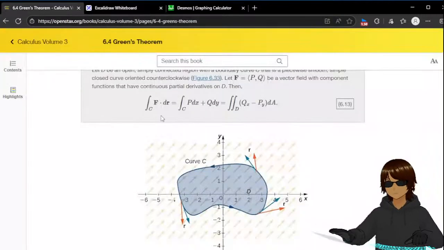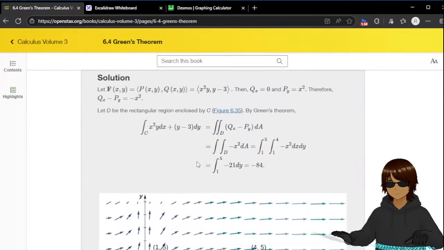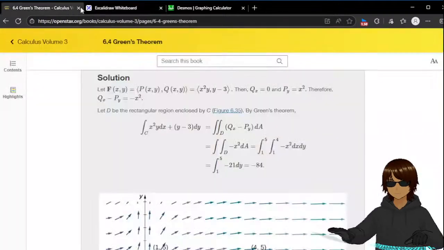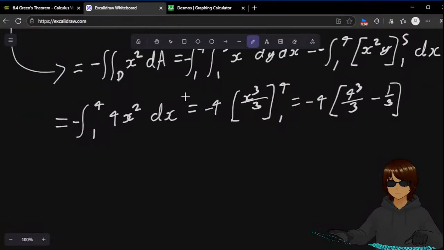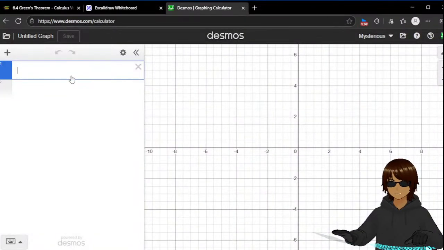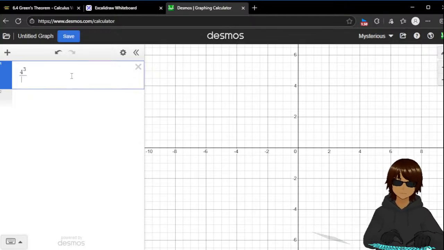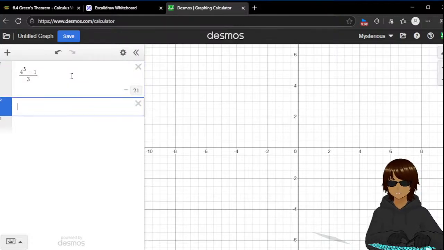Is this right? Hold on. Integrating x first: 4 cubed over 3 minus 1 is 21.